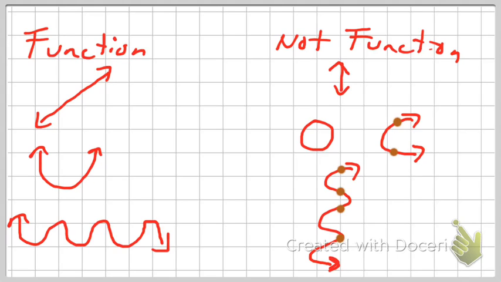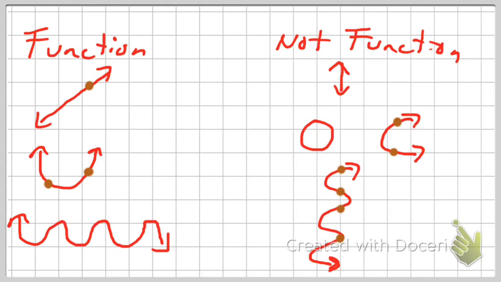Okay, so you notice over here on the right, we have several brown dots that are lined up vertically on the same graph. When that happens, you don't have a function. Those are points that have the same x coordinate. And when you have that, you don't have a function.